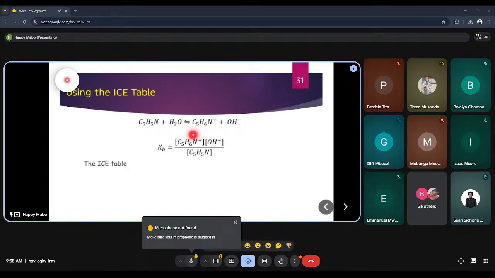So you've got the conjugate acid here and the conjugate base here. Then the expression is written without the water molecule, because the contribution from water molecules is regarded as being insignificant. So we don't include water molecules in these expressions.